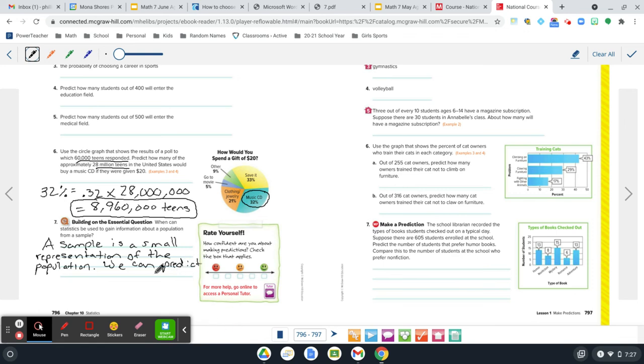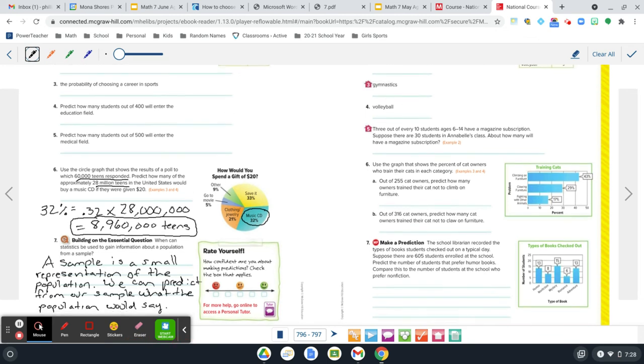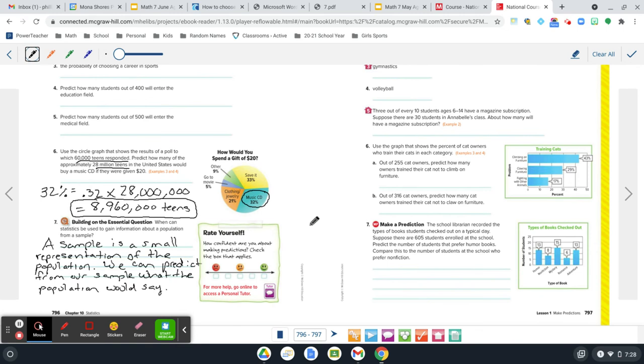We can predict from our sample what the population would say. Okay. A sample is a small representation of the population, period. We can predict from our sample what the population would say overall.